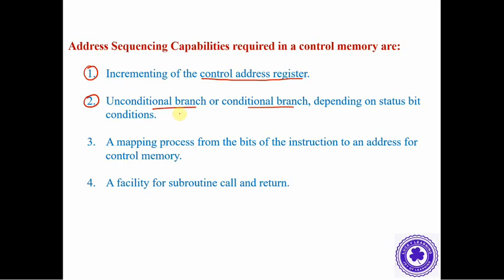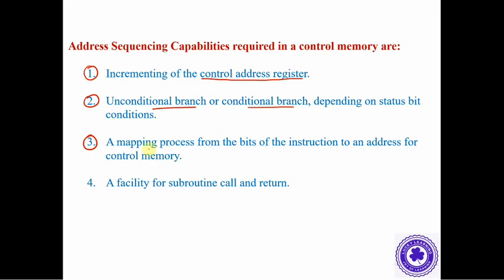If it is negative, jump. If it is equal to 0, or if the E flip-flop is set, like this. If the sign bit is 0 or 1, we can call it positive or negative. Based on those status bit conditions, it has to make a branch to a different part of the control memory, so that it jumps to different micro instructions, and that micro instruction is executed.